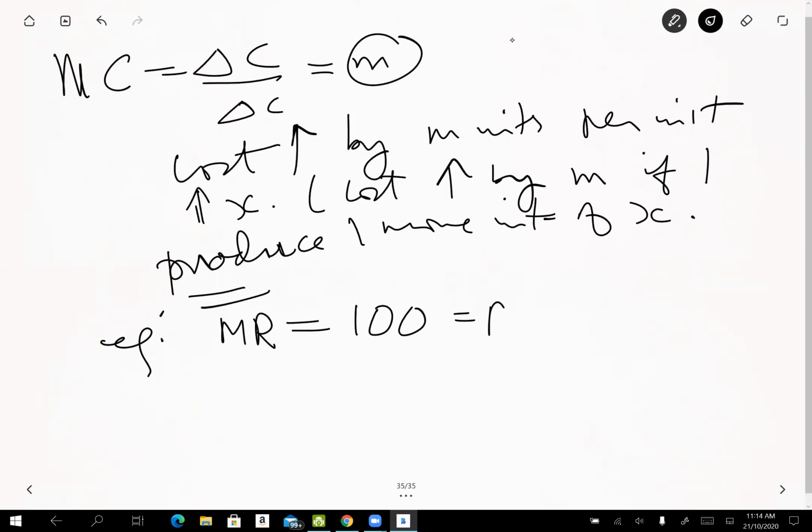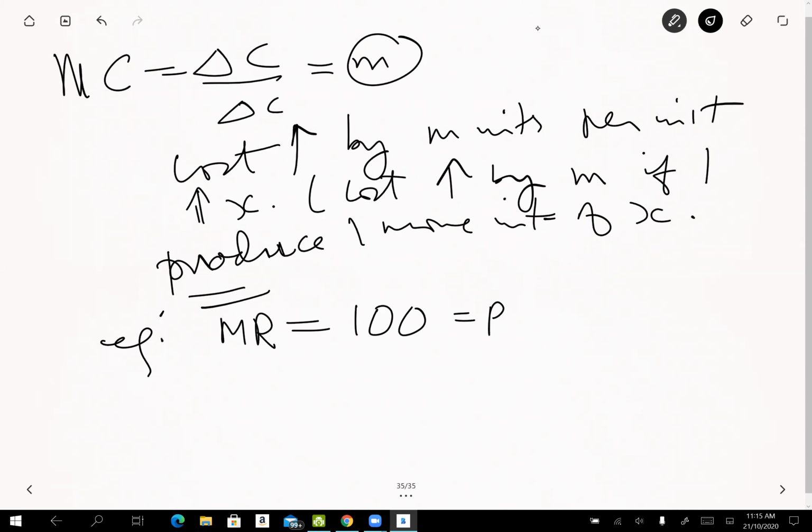So if I sell one more pair of shoes, what is the increase in my revenue? If I sell one more unit of shoes, what is the increase in your revenue? 100.